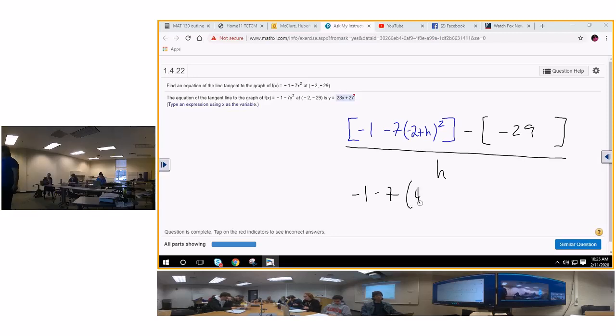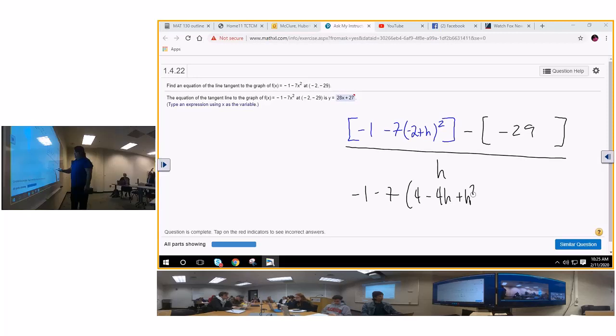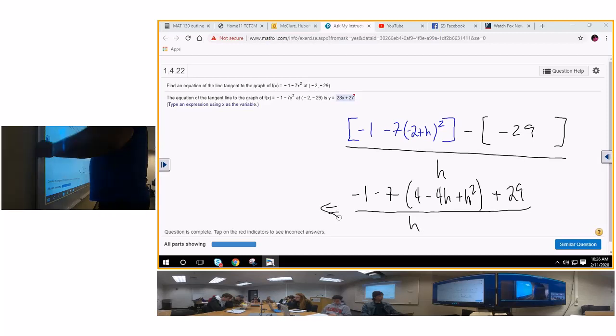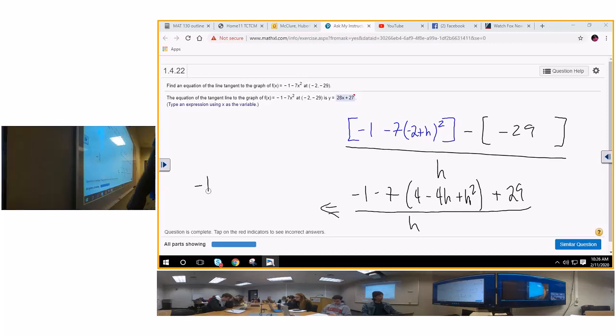4 minus, let's see, that's going to be negative 4h plus h squared, plus 29 over h, which is going to give us negative 1 minus 7, let's say minus this 28 plus, help me out here, 28h minus 28h squared, y'all check me there, plus 29, all over h.